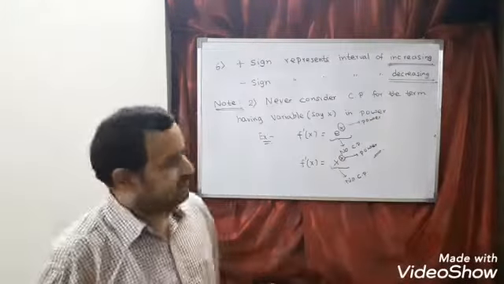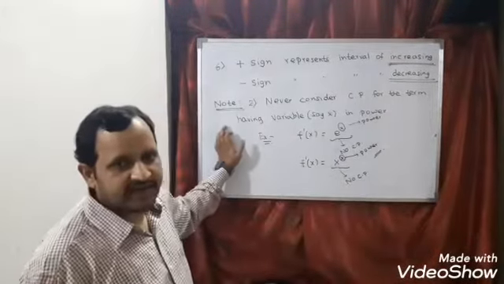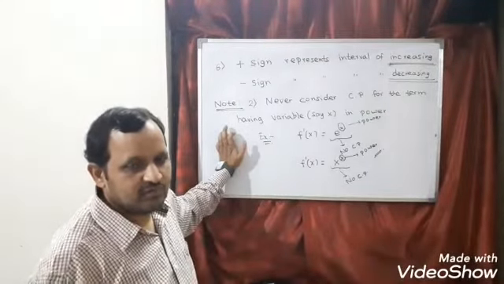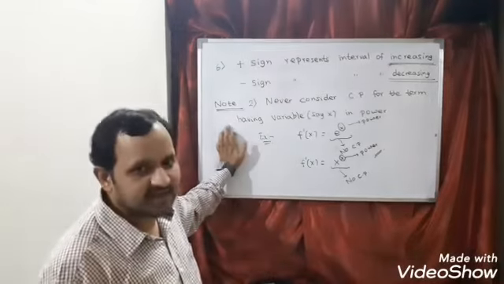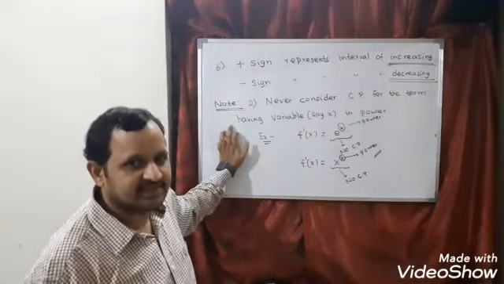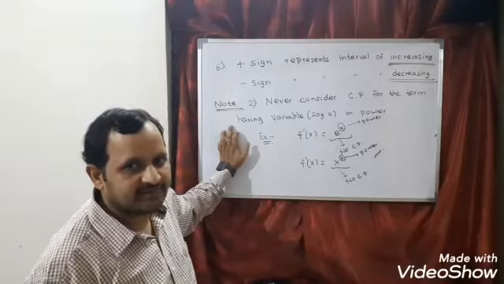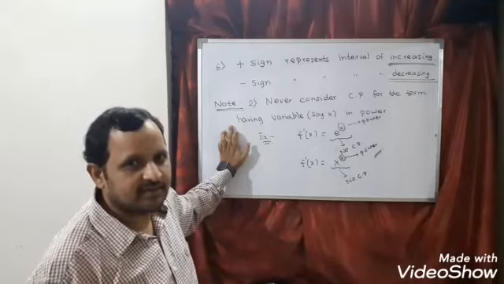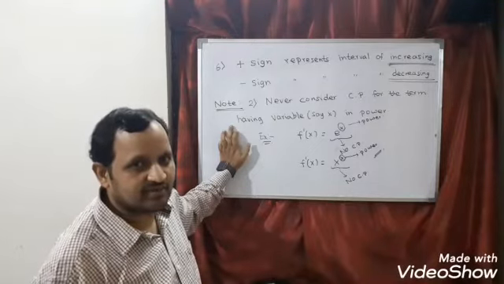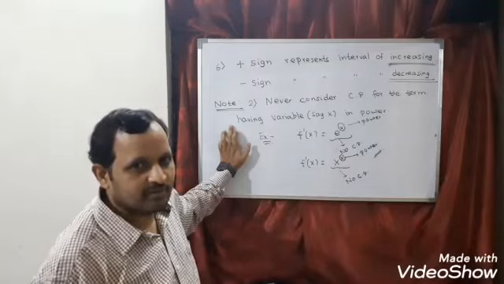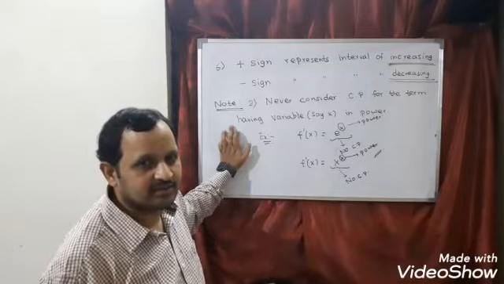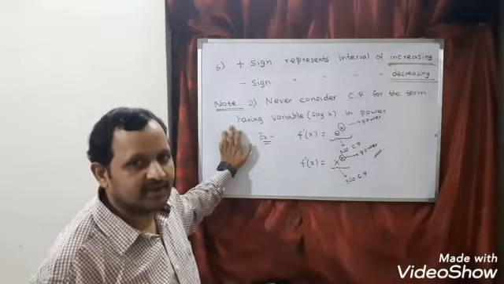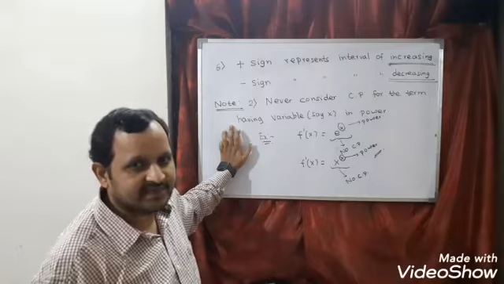So in today's class we have seen how to find interval of increasing and how to find interval of decreasing. So what is first step? Find f dash x. Second step, break it into linear factors. Third step, make the coefficient of the variable say x in each bracket positive. Fourth step, plot all the critical points. Find critical point and plot all the critical points on the number line in increasing order.